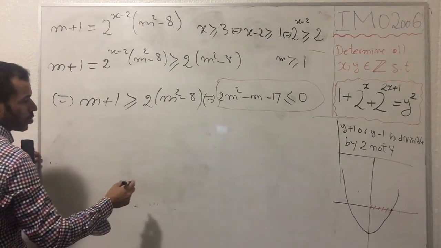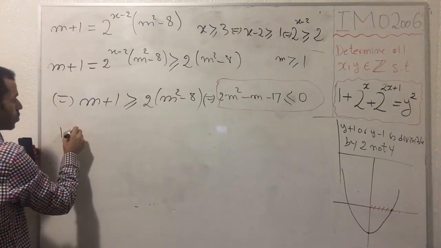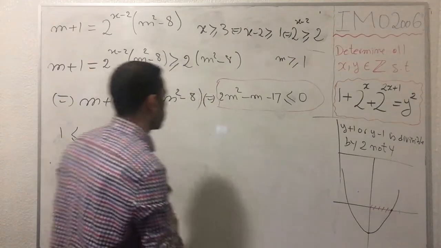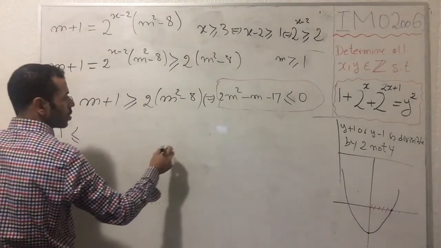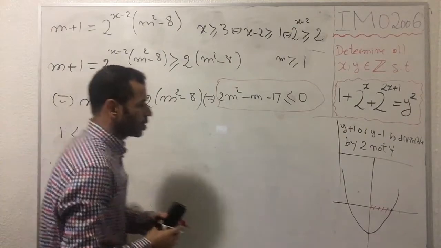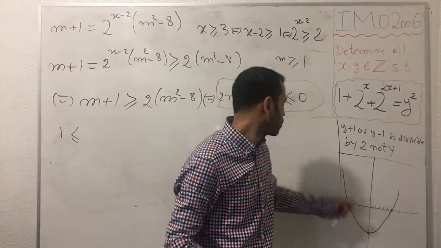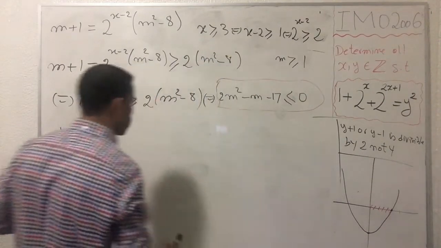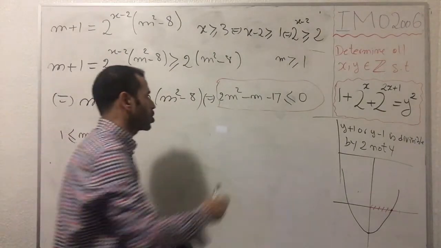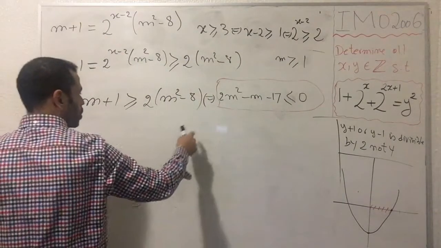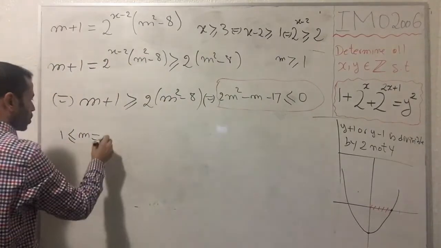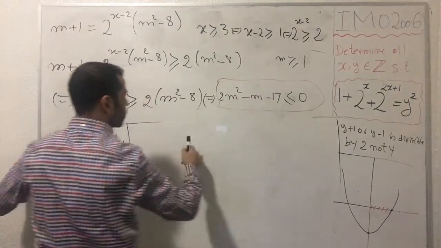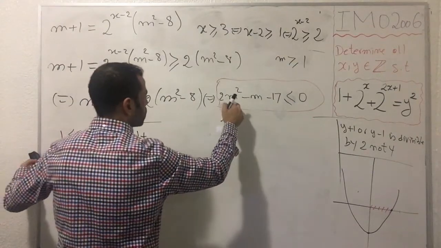I'm going to solve this quadratic equation. We take the positive solution because we don't care about the negative, since m is greater than or equal to 1. I'm going to apply the quadratic formula: minus b, which is minus 1, plus the square root of b squared, which is 1, minus 4ac.